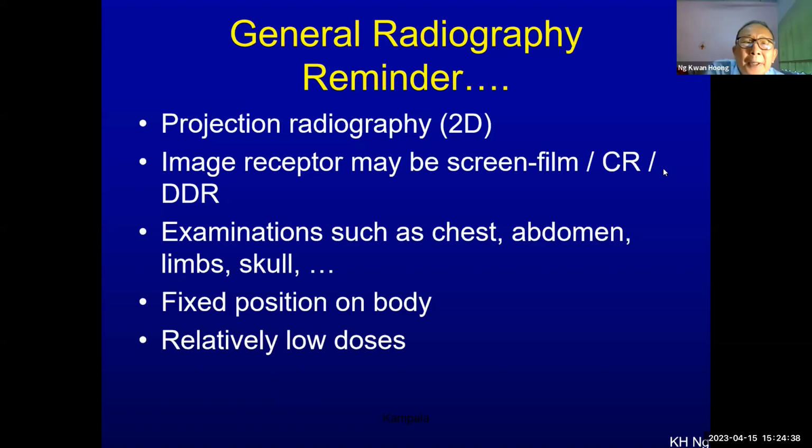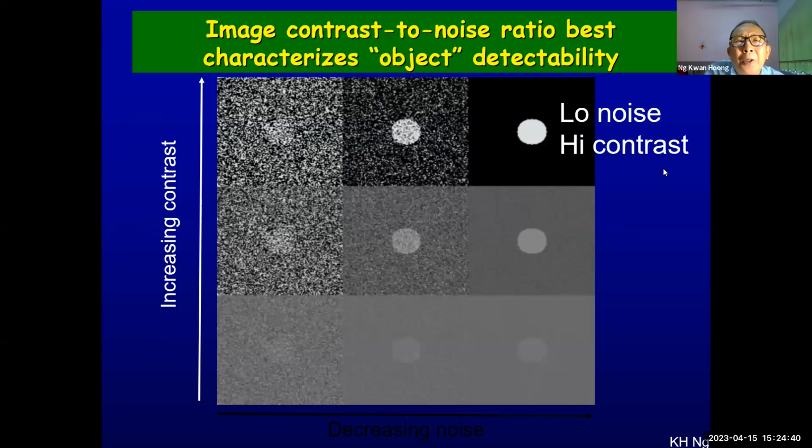And look at this, it's a classic, we do QC on this as well, right? The contrast, noise, detectability. So the important thing is we want to bring the dose down. The dose down means it is noisier, but if the radiologist can detect the lesion, right, the circular is a similar lesion, and this is a process of optimization, right?